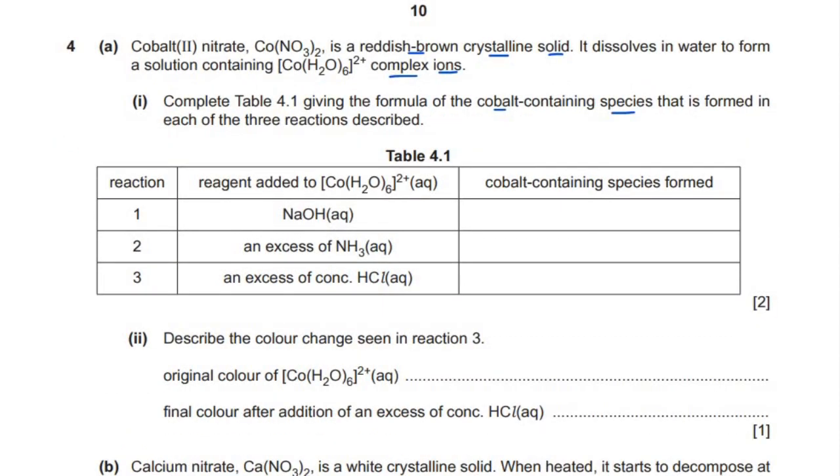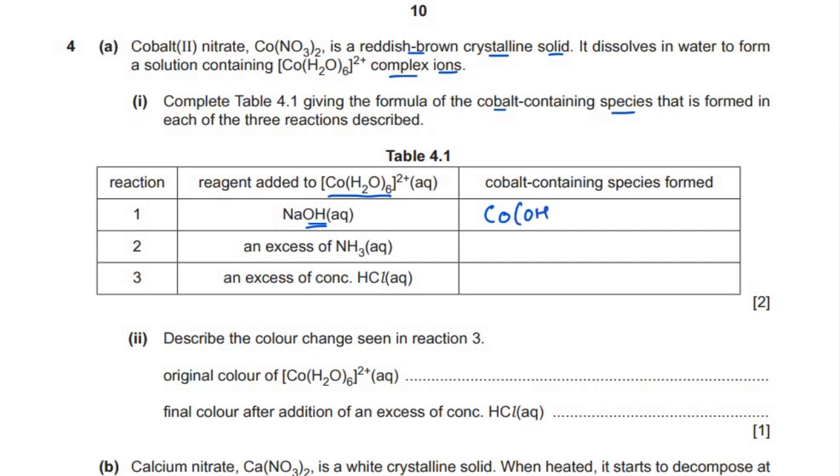Now when to the hexaaqua cobalt 2+, I would name it like that, when NaOH is added to it. Now if you remember the reactions which are given in our syllabus, if OH- is added to water molecules of the ligands, water molecules to cobalt complexes, two of the water molecules get replaced by OH. So I should start writing cobalt.